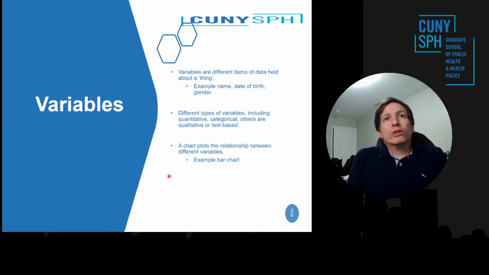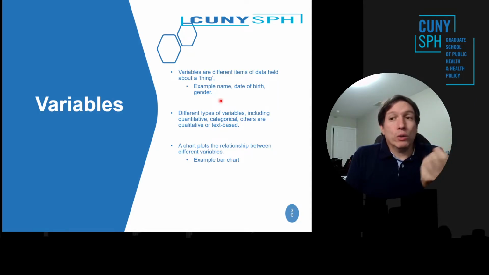Now the variables, we already said that those are the different items from the data that basically describe a thing. It could be name, date of birth, gender, you name it. Any of those observable characteristics, observable properties, or measurable properties of a subject. When I'm talking about a subject, it is not an individual. It could be an artifact, it could be an element, it could be a country, it could be a phenomenon, you name it.